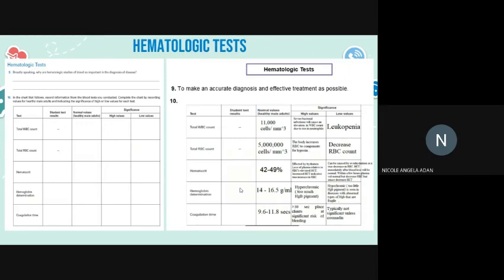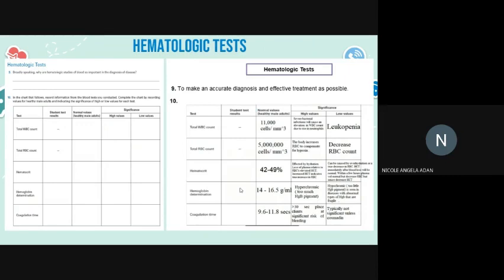For total white blood cell count, its normal value is 11,000 cells per cubic millimeter. For the total RBC count, normal value is 5 million cells per cubic millimeter.